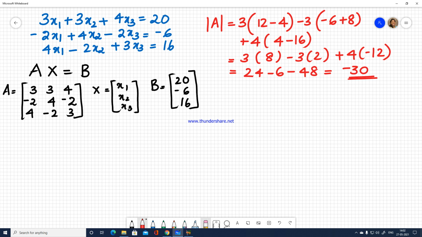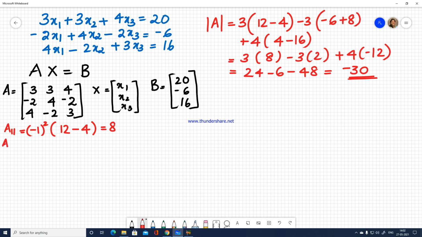Now let's find the adjoint of this particular matrix. In order to find the adjoint of a matrix, what we need to find is the cofactors. So let's find the cofactor of A11. Cofactor of A11 is minus 1 raised to 2, times (12 minus 4). That is 8.